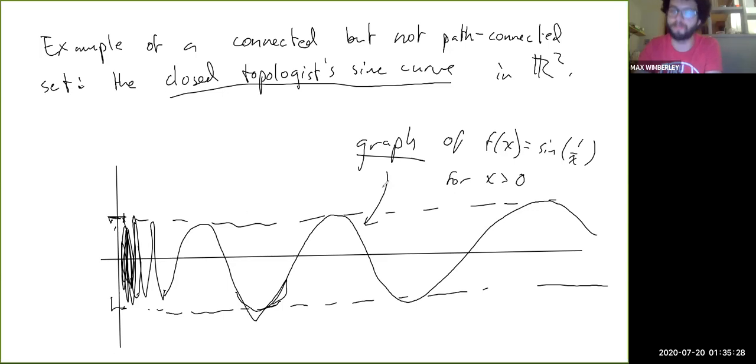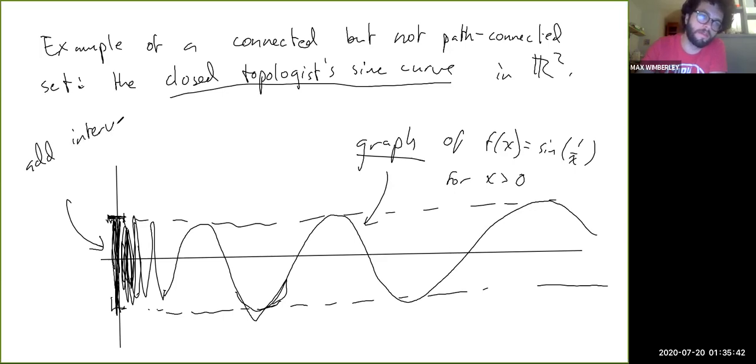The graph is a connected set, but if you add the piece of the y-axis, the interval [-1, 1] on the y-axis, the set of points on the y-axis between y equals -1 and y equals 1, then you get a closed set. And it turns out that it's connected, but it's not path connected.